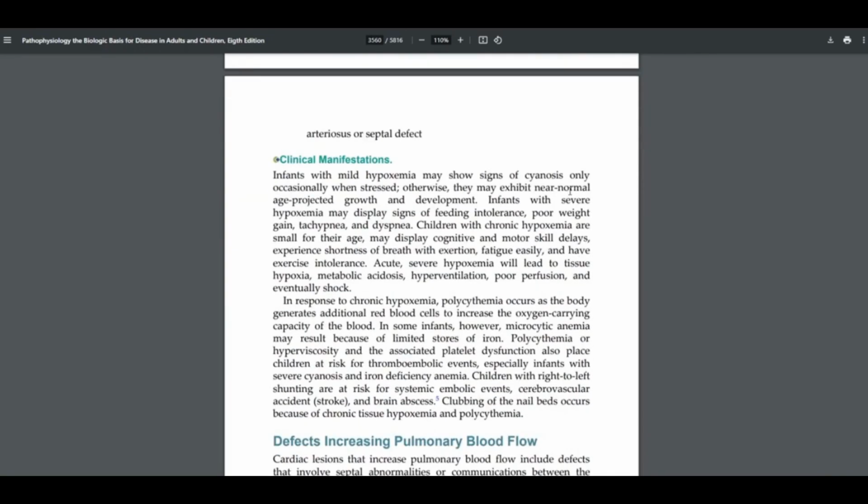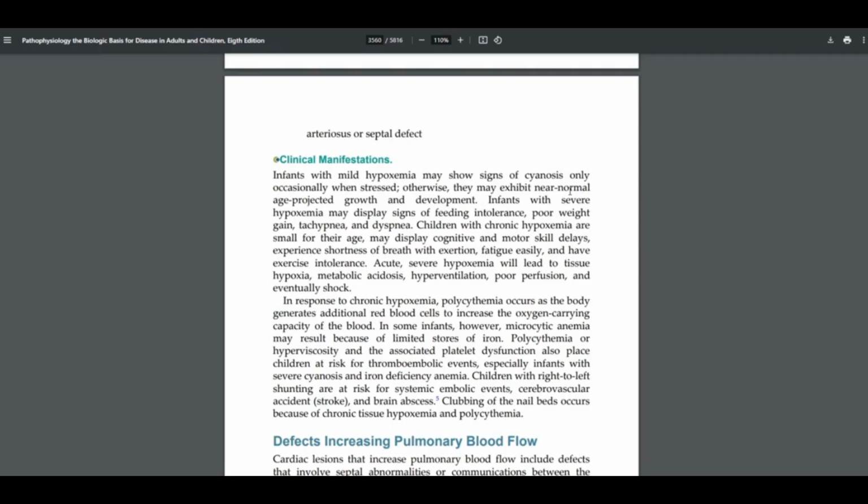So what are our clinical manifestations? Well, infants with mild hypoxemia may show signs of cyanosis only, occasionally when stressed. Otherwise, they may exhibit near normal age-projected growth and development. Infants with severe hypoxemia may display signs of feeding intolerance, poor weight gain, tachycardia, and dyspnea.